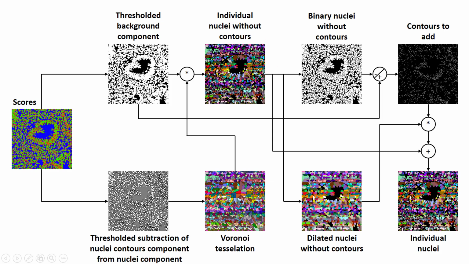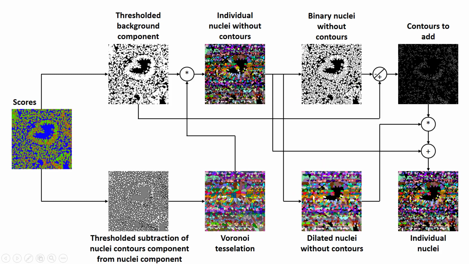The only thing that is not correct is that because of the tessellation, we have a one pixel width separation between touching nuclei, and we might want to associate this pixel to actual nuclei. A simple way to do it is to dilate this to get the dilated nuclei.